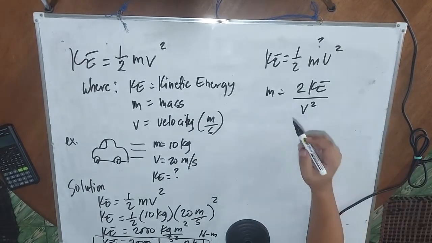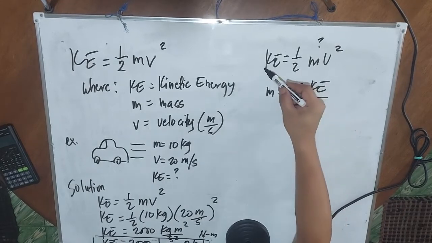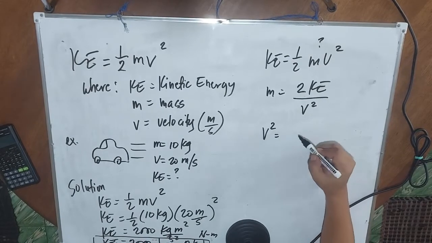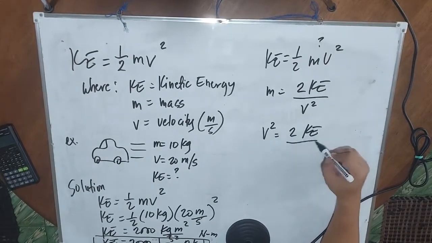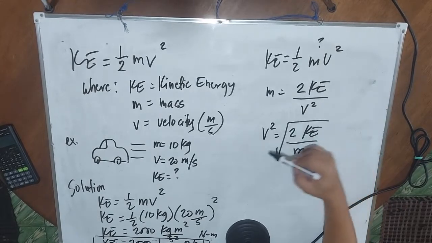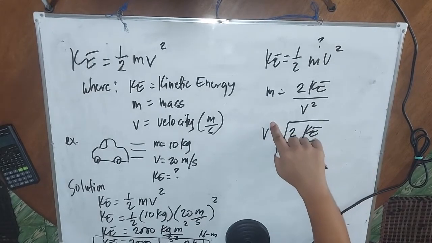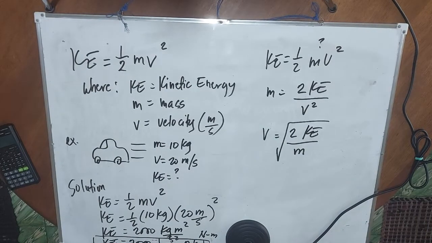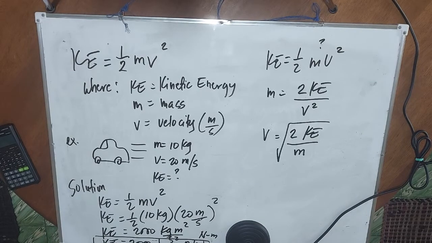Kung v naman ang hinahanap, i-cross-multiply mo yan, so you would have v squared is equal to 2KE over m, or you just need to get the square root of both sides of the equation, so you would have v equal to the square root of 2KE over m. Okay, so those are the possible problems concerning kinetic energy naman. Okay? I hope you were able to understand it. If you have questions again, you can comment on this video.